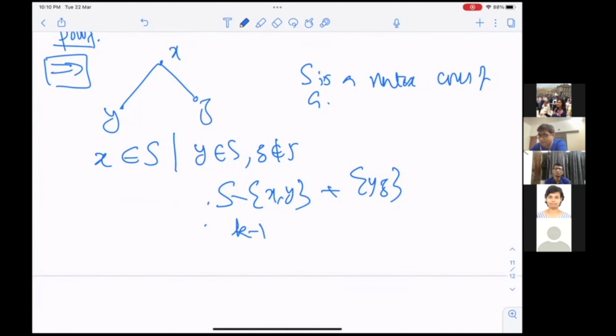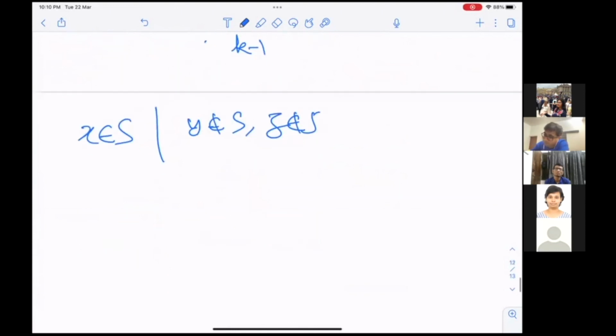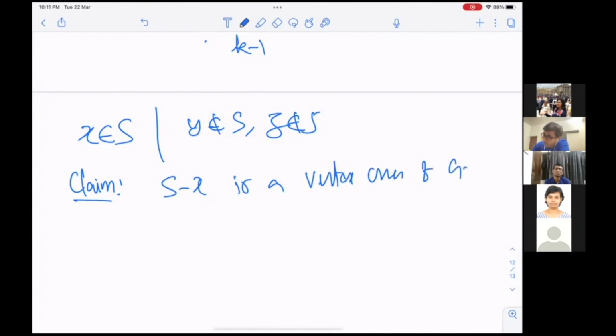Right? Now, X is there and one of them, but it could also be that X belongs to S, Y does not belong to S, and Z does not belong to S. Right? Then claim S minus X is a vertex cover of G minus X and hence G prime.